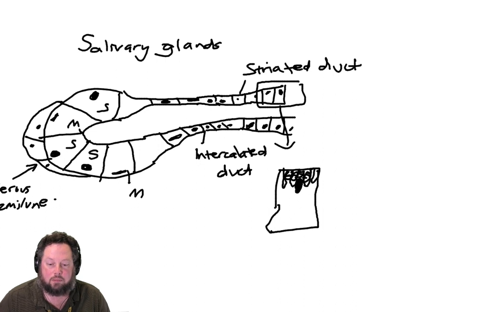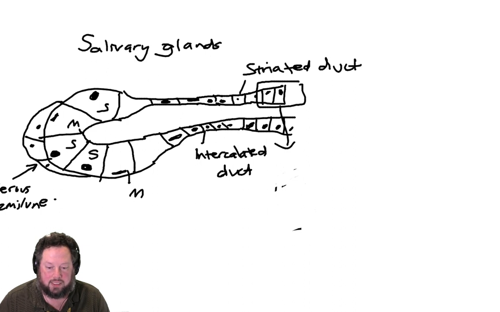So the cells can have a few microvilli on the surface. Sorry, I'm using a drawing tablet here, and it's the first time I've used it, so I'm getting used to how to use it.